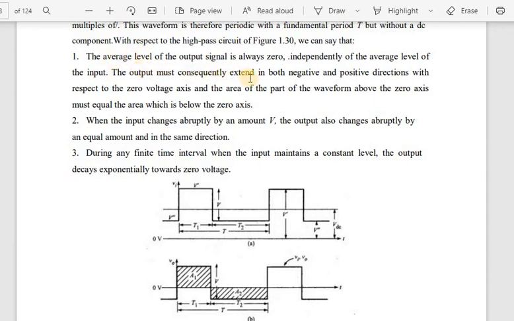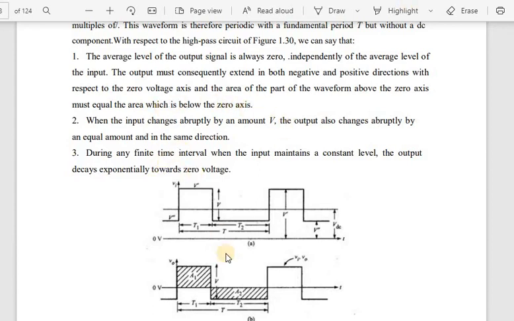The output must consequently extend in both the positive as well as the negative directions with respect to the 0 voltage axis, and the area of the part of the waveform above the 0 axis must be equal to the area below the axis.